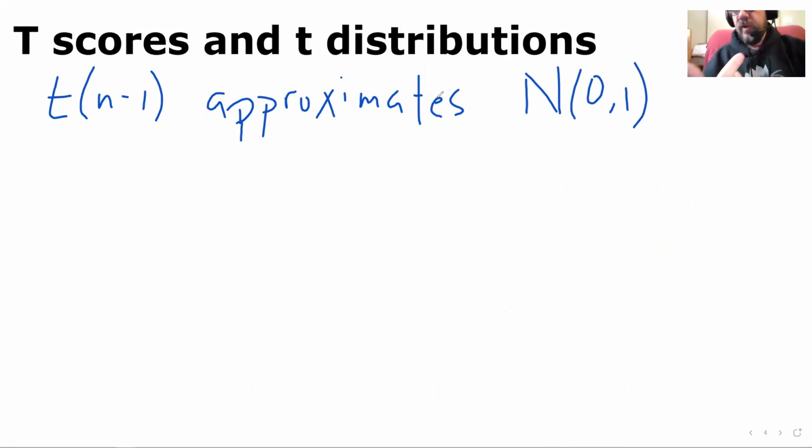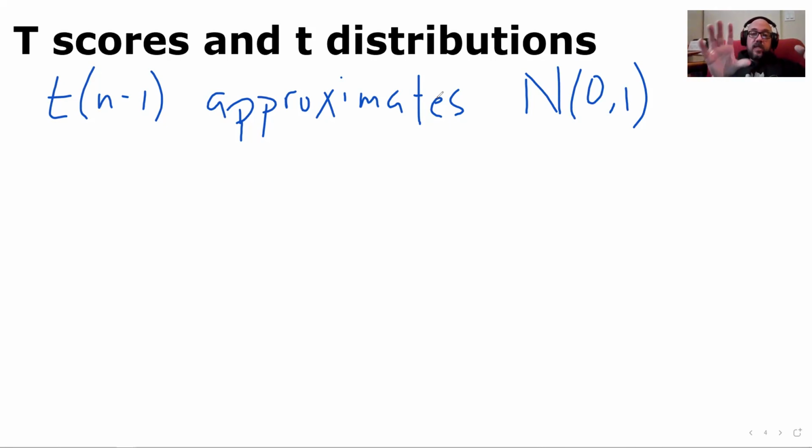With the number of degrees of freedom, as n gets bigger, the t distribution just gets closer to N(0,1), right? So if the degrees of freedom is 1,000, then t 999 is really, really close to N(0,1). And technically, if you're into calculus, when n is infinity, t is equal to N(0,1). If you take the limit as n goes to infinity, the thing you get is the normal distribution at the end.